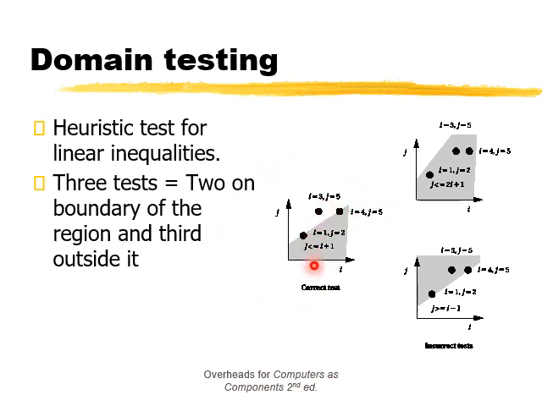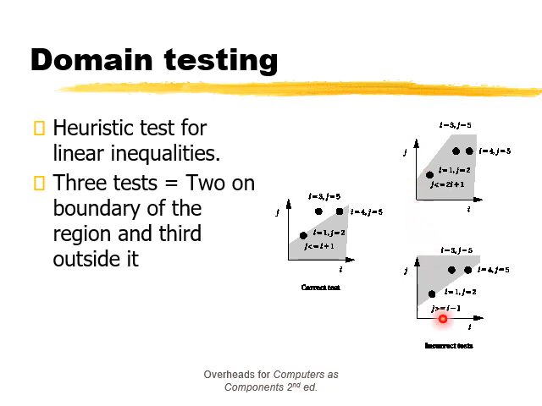Whenever the inequality changes because of some mistake, what is going to happen? All the points are going to come inside the boundary. So here as well. These are our incorrect cases. This is our correct case. So we test the inequality with three test points, two on the boundary of the valid region and the third outside the region, but between the values of I. These are the values of I on the x-axis and the values of j on the y-axis.